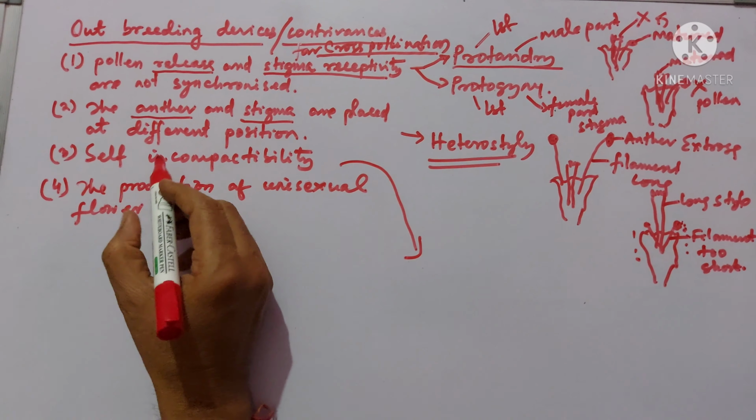So here what happens, particularly the self pollen is discouraged, or we can say it is incompatible or sterile.